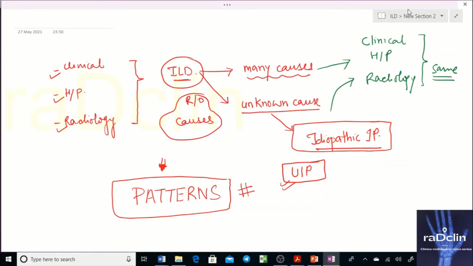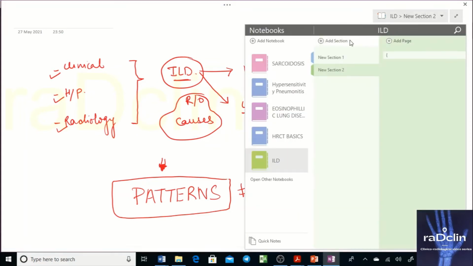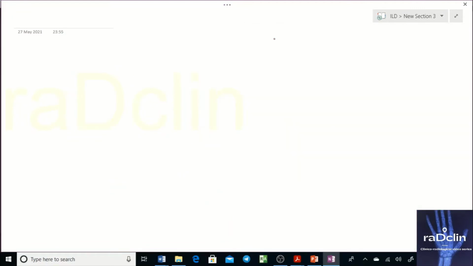Another thing to be considered is, in any pattern, whatever ILD it is, there is a clinical aspect to it, a histopathological aspect to it, and a radiological aspect to it.